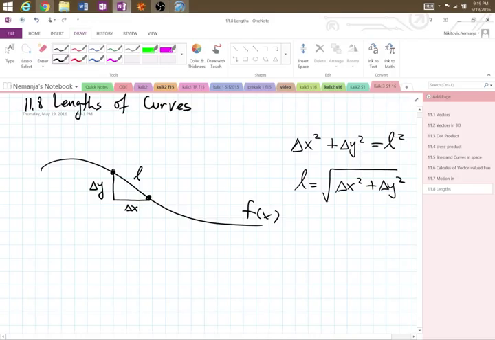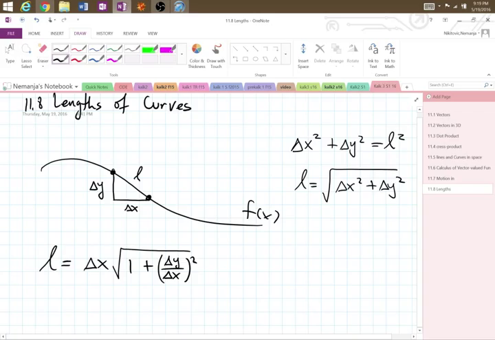Then we are going to factor out delta x squared, and when it escapes the square root, it becomes delta x.